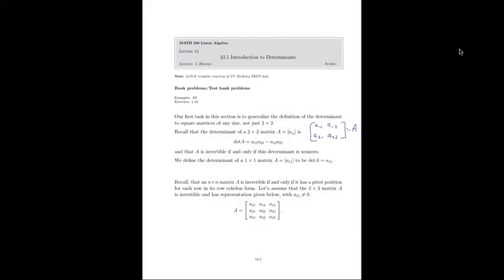One thing that the determinant will help us do, if you remember from the 2x2 case, is that if the determinant of a 2x2 matrix was non-zero, the matrix is actually invertible. And this is an if and only if statement. That was in part because the formula for the inverse of a 2x2 matrix involved this determinant in a denominator.